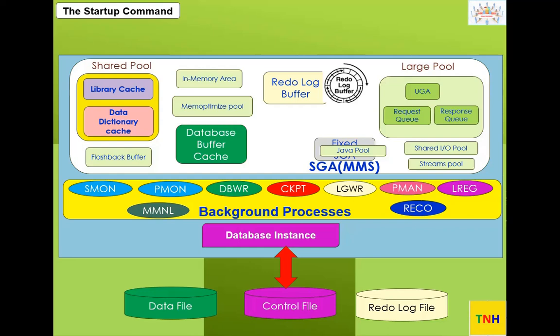We need to know within a scope, because there is a role that we are playing. If you are a developer, you don't need to know the deep dive, but at least the basic understanding.